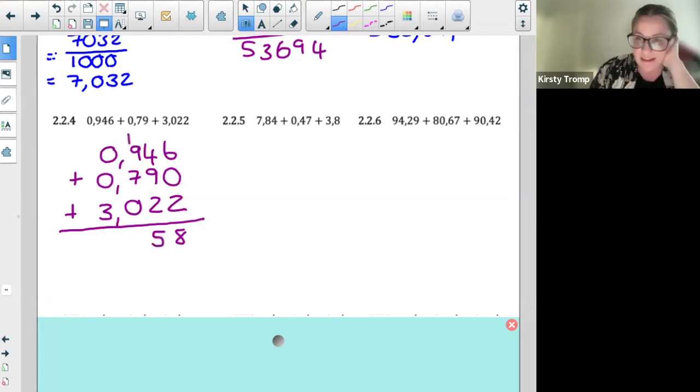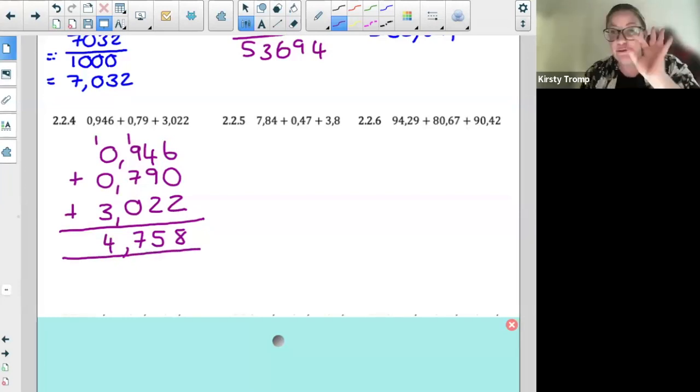Good, nice. And 7 plus 9 equals 16, plus the 1 equals 17. So 17, carry the 1. Then 3 plus 1 equals 4. And I must remember to put the comma in, and then I've got the 4. Amazing. Well done. Perfect answer.